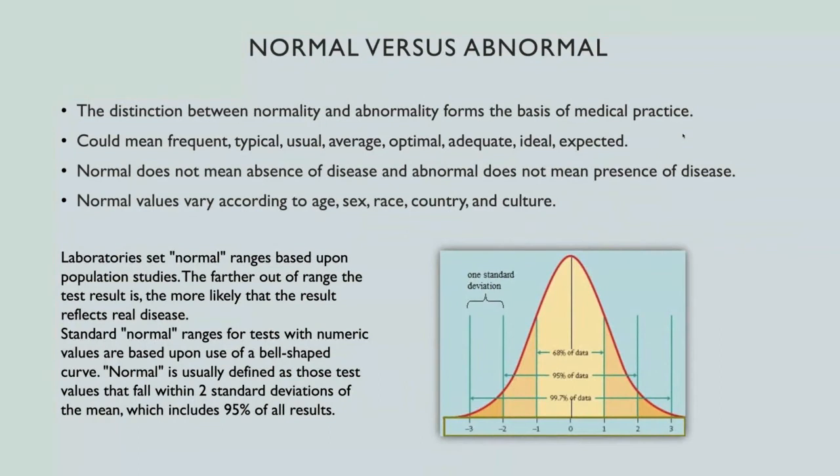But for us to interpret properly the findings, it's important to know that normal values will vary according to the age, sex, race, country, and culture. For example, if I do a study about a certain antibody, maybe I go to Germany and I take a population from Germany, Poland, Sweden.